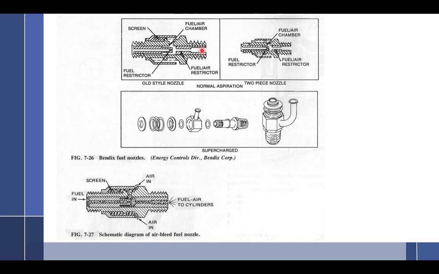Now, the thing you have to think about is, this goes directly into what? Intake. Okay, so I've heard directly into the cylinder. That's correct. It's screwed right into the cylinder. But what part of the cylinder or engine is right on the other side of this? Intake port, or the manifold.